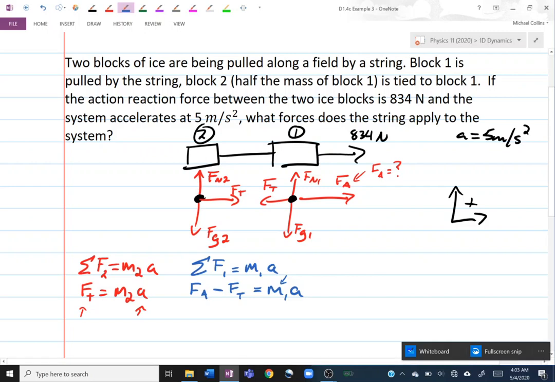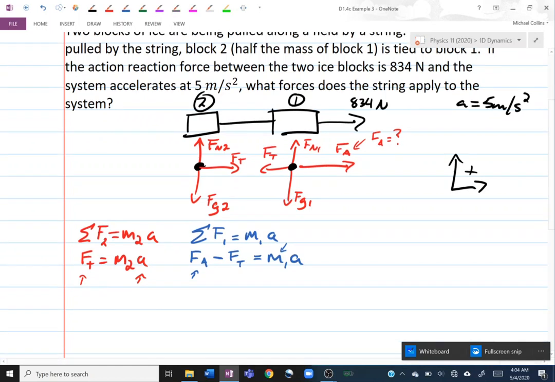I don't know what M2 is, so I can use this equation to solve for M2. M2 is Ft over A, so M2 would be equal to 834 newtons divided by the acceleration, which is 160 kilograms. Cool. So now I have M2.